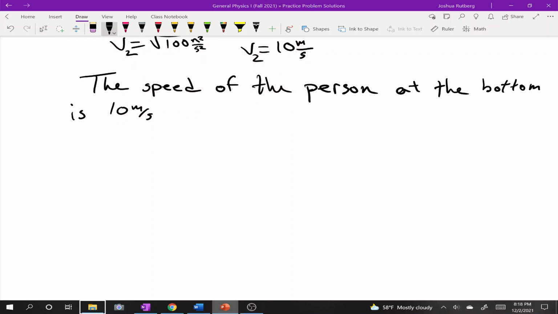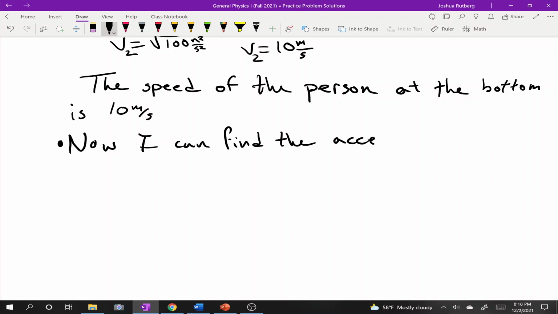So now I can find the acceleration and force. So the acceleration of the person is equal to the sum of the forces exerted on the person divided by the mass.